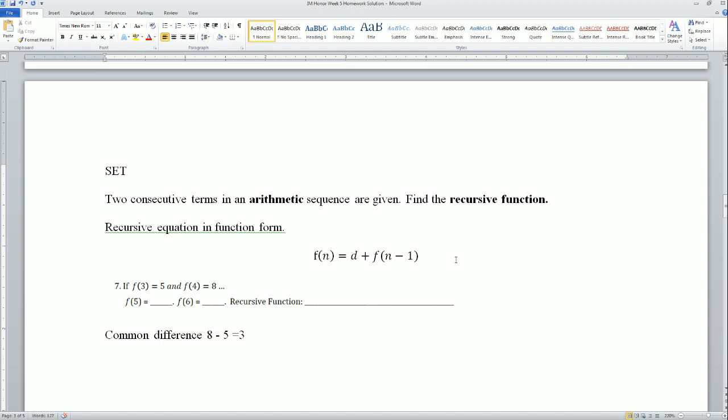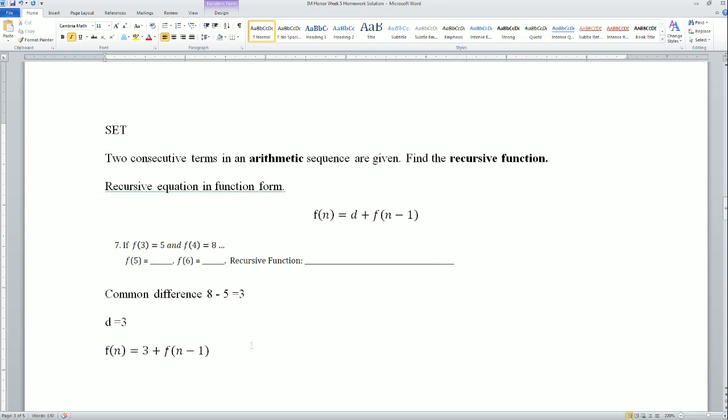So, here's the formula. Common difference is equal to 3. This is your previous term. So this would be the recursive function, right?